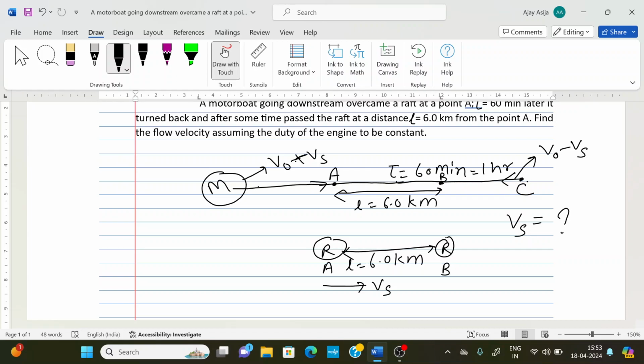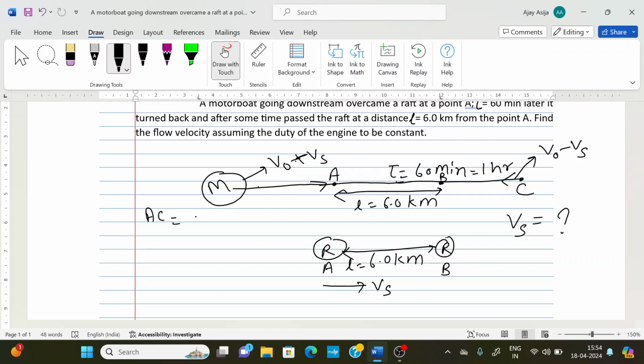This total time we have to calculate. To calculate this, we require the distance CB, and to calculate CB, we require AC. So let us first calculate AC. AC is the distance moved by the motorboat with this speed in time tau. Tau is equal to 60 minutes.